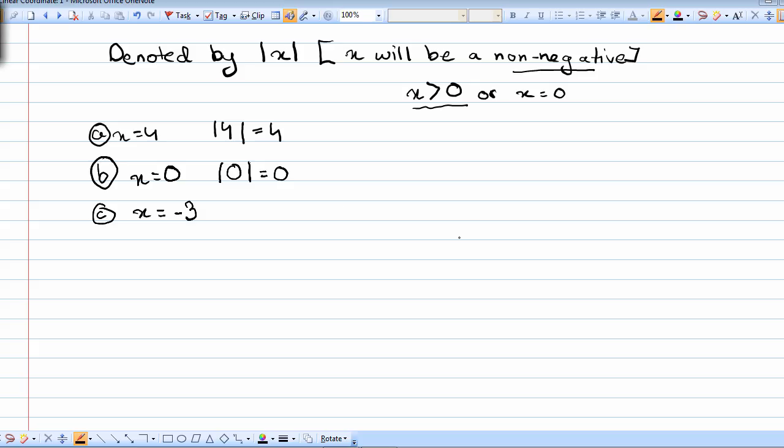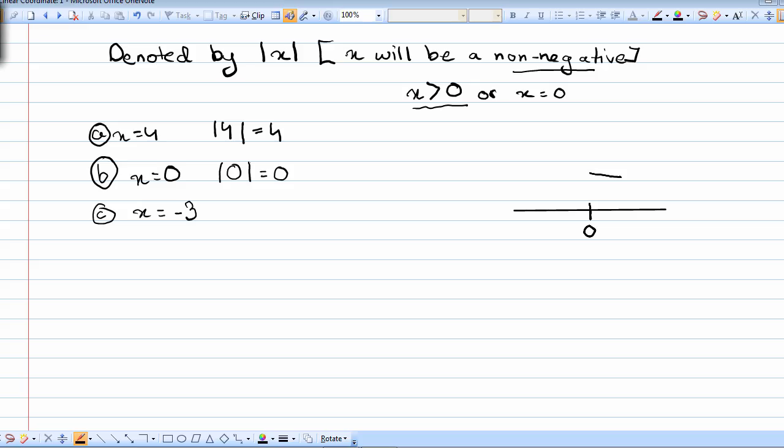So let me show that on a number line first. Let me draw a number line for you. So let's assume this is our number line, and let's remember those 3 steps. First, after drawing the number line, we have to assign an origin, or the coordinate of 0, to a certain point on the number line.